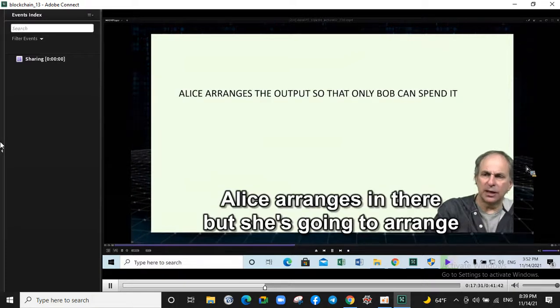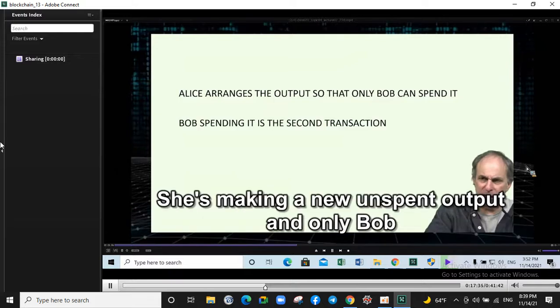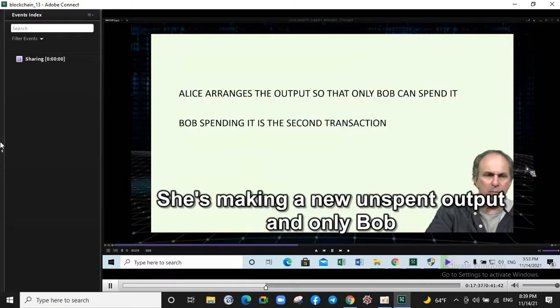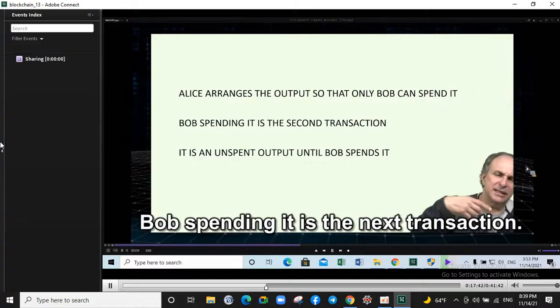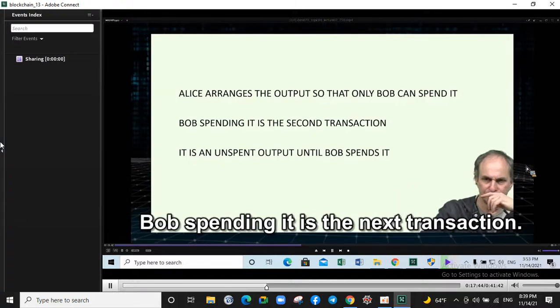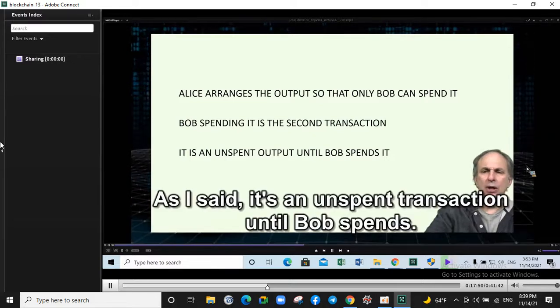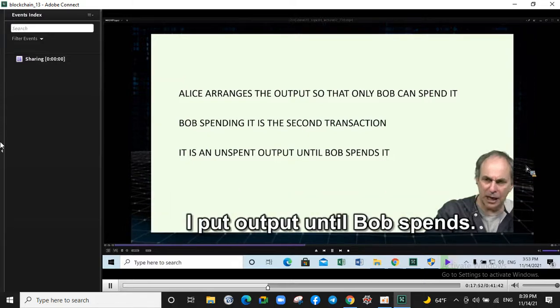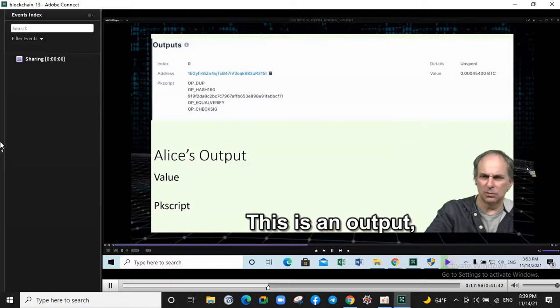So Alice arranges the output so that only Bob can spend it. So she's making a new unspent output, and only Bob will be able to spend it. And Bob spending it is the next transaction. As I say, it's an unspent output until Bob spends it. So this is an output.